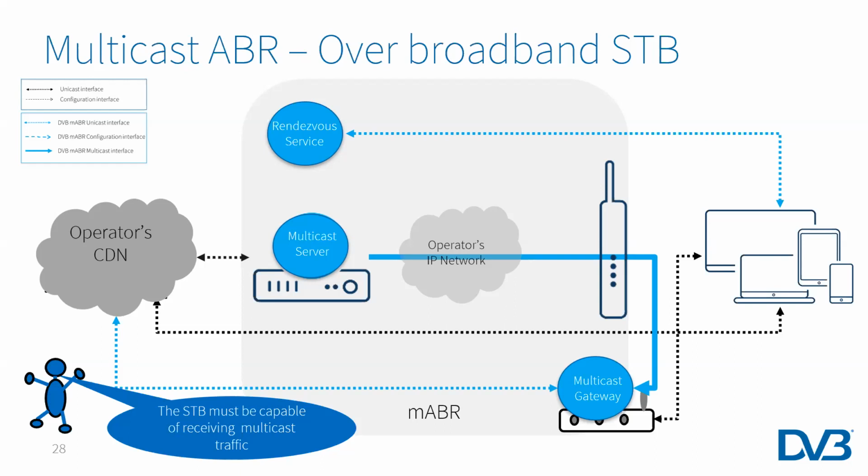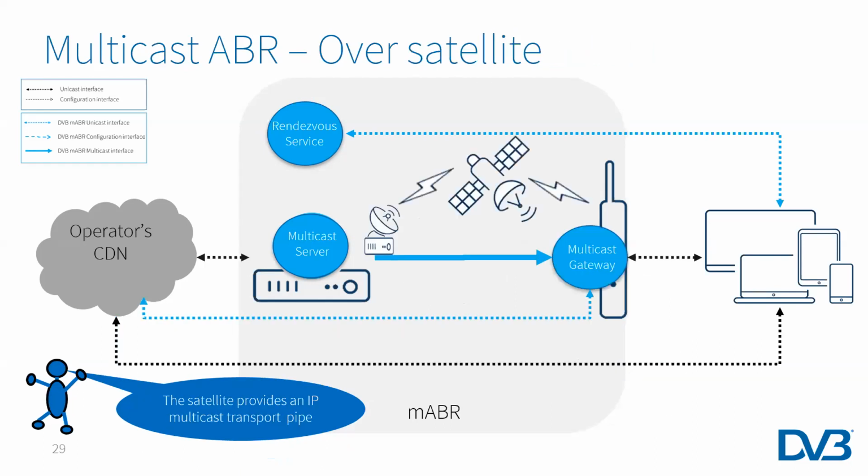So, let's go to the next one. Here we have a typical broadband network, but for implementing this multicast transport facility we use a satellite, for example, or it could be any one-way broadcast technology, by the way.